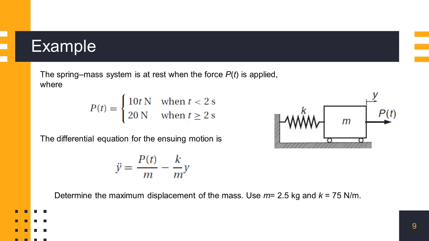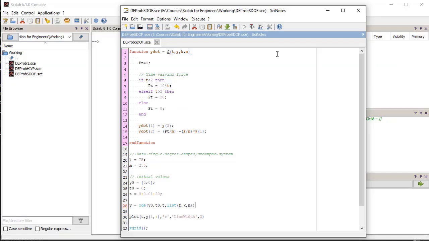Now, we consider a spring mass system which has a non-homogeneous second-order equation of motion. The external force is a function of time. Let's see how to solve it in Scilab. Now, in the y-dot function definition, we include two input arguments, k and m, which are spring stiffness constant and mass.